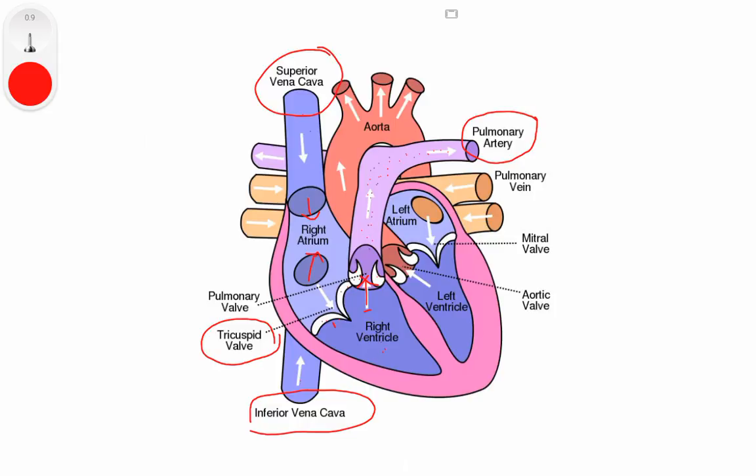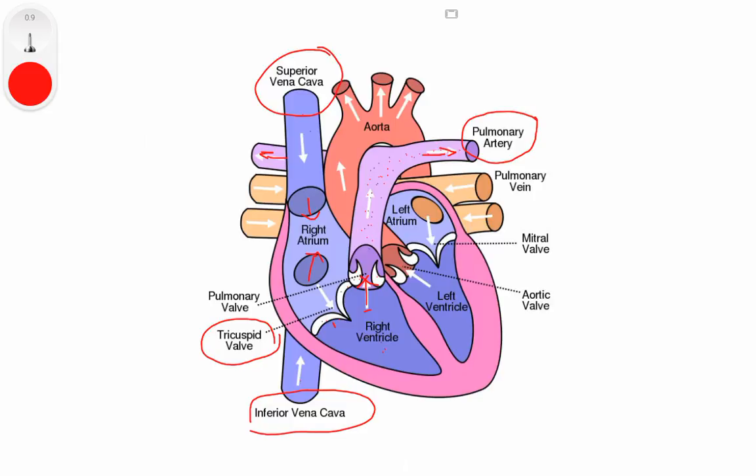Normally arteries transport blood that contains oxygen, but here the pulmonary artery carries deoxygenated blood from the right ventricle. You can see the pulmonary artery divides into two at this junction, just below the aorta.